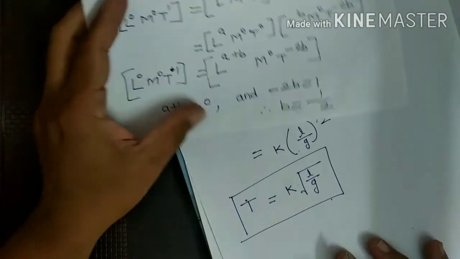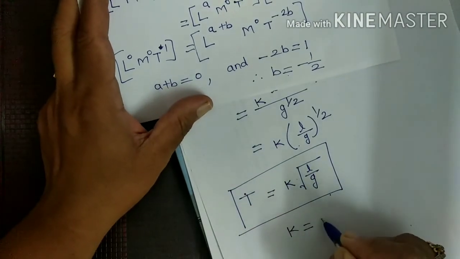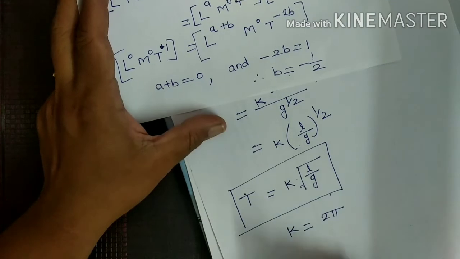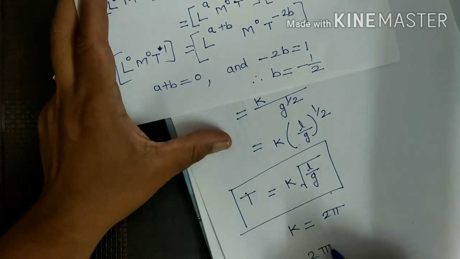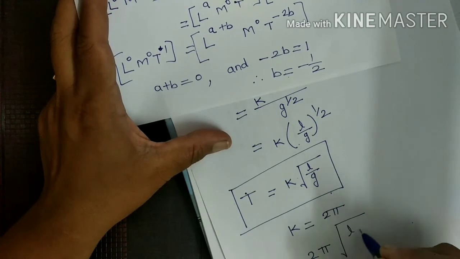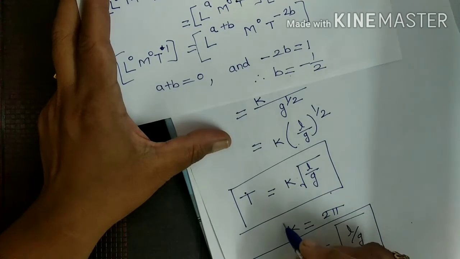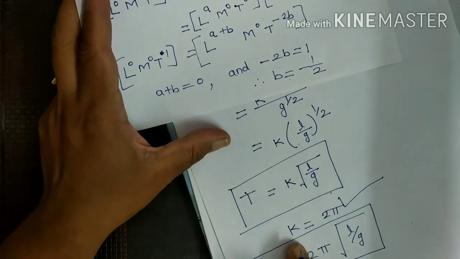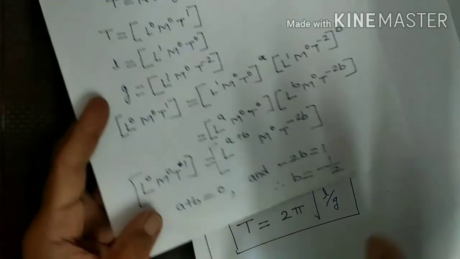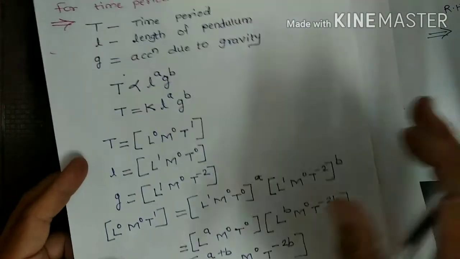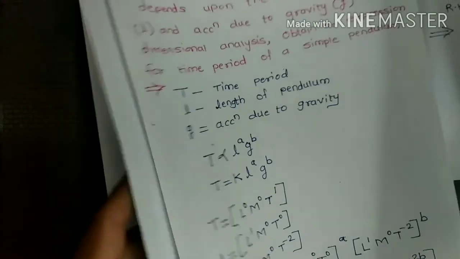When we performed it practically, k has the value 2 pi, so the final equation for the time period of a simple pendulum is T is equal to 2 pi into under root of L by g. So by using dimensional analysis we have found the time period of a simple pendulum.